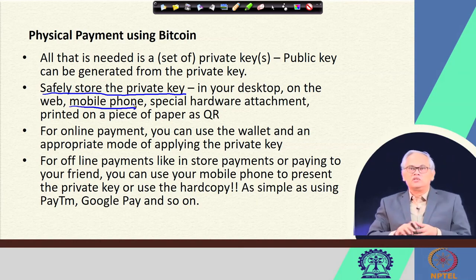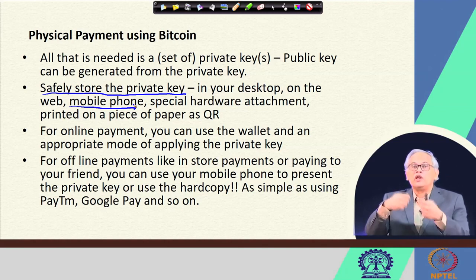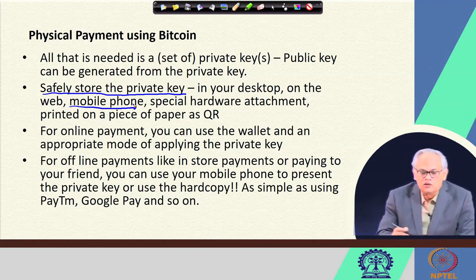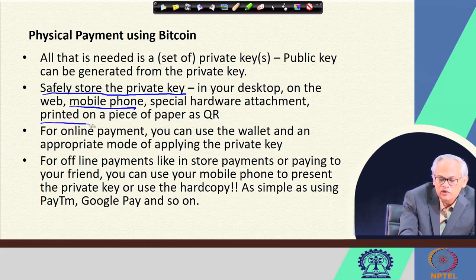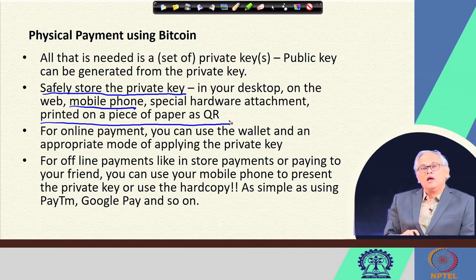Often what people do is get special hardware where you can keep the private key and you can always carry it with you, which you can connect to your laptop or desktop when you are making the payment. Also, you could simply print it on a piece of paper as something like a QR code, if you are using your mobile phone.